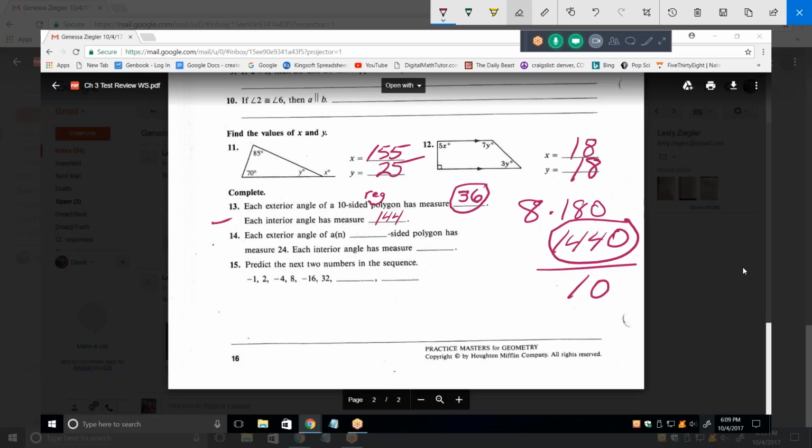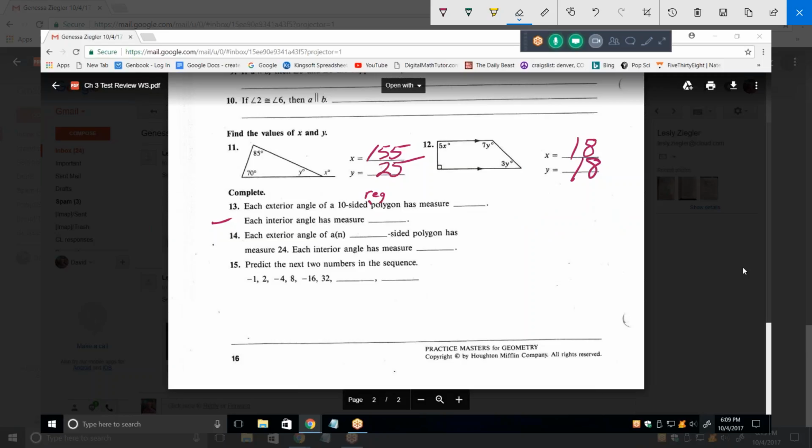If you want to impress the teacher, say unknowable. Seriously. Unknown. For that and that. Okay. She didn't put the word regular in there.